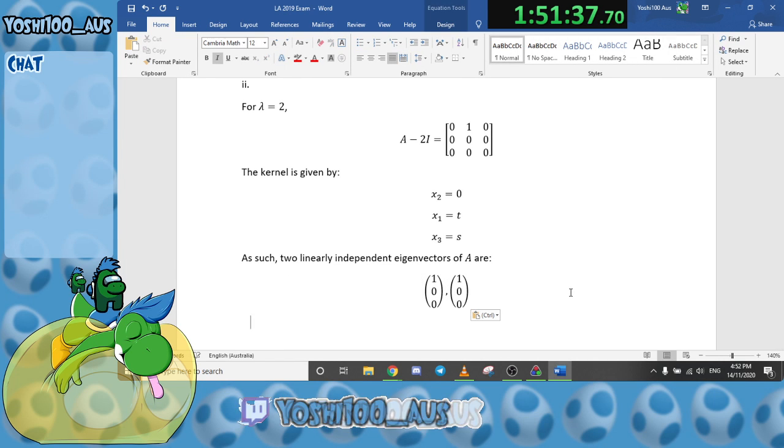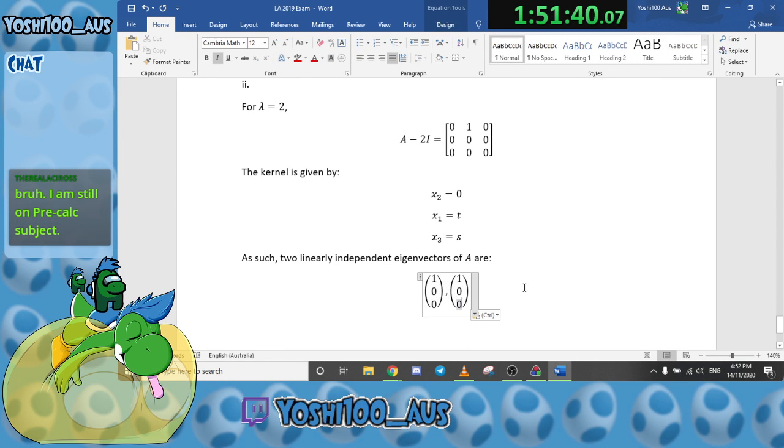And then you also have this bar with 1 down here, right? And those are the linearly independent eigenvectors, right? Cool.